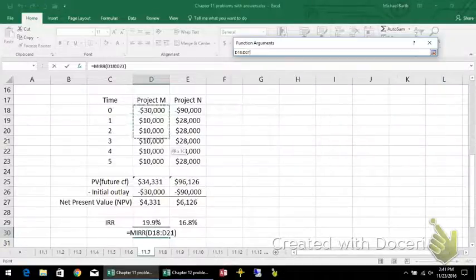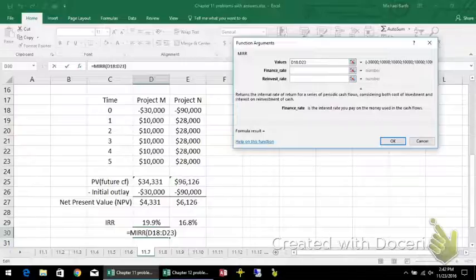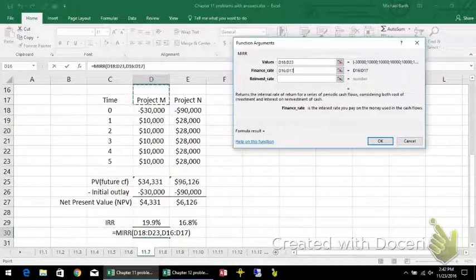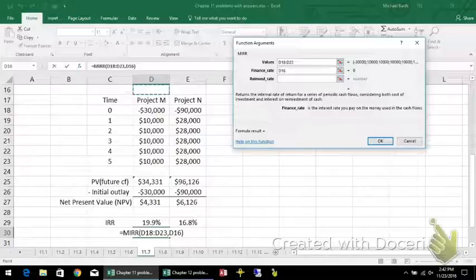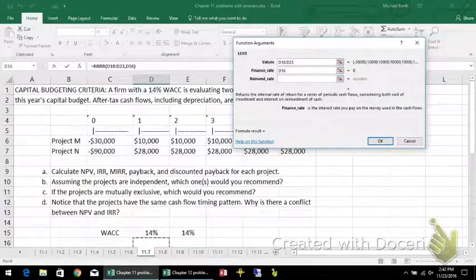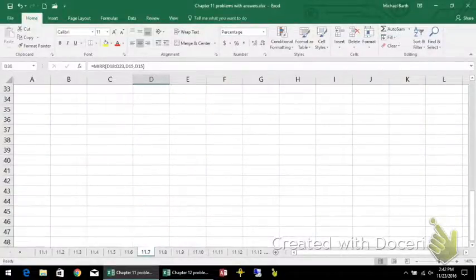First you add all the values, and then the finance rate would be the weighted average cost of capital, and the reinvestment rate is the weighted average cost of capital. Hit OK. Add a decimal place.